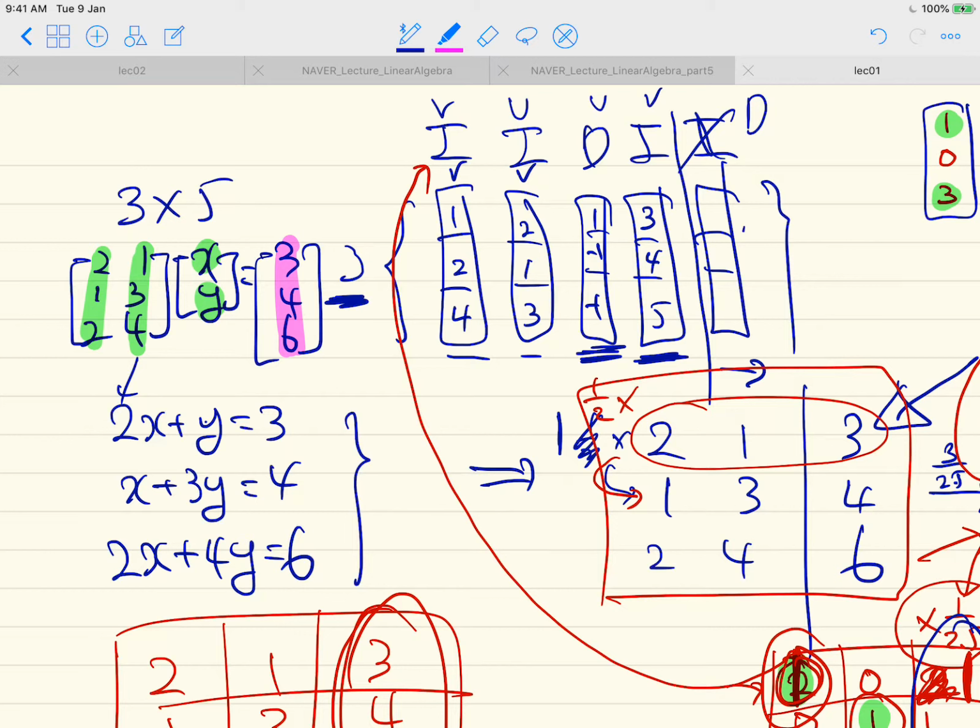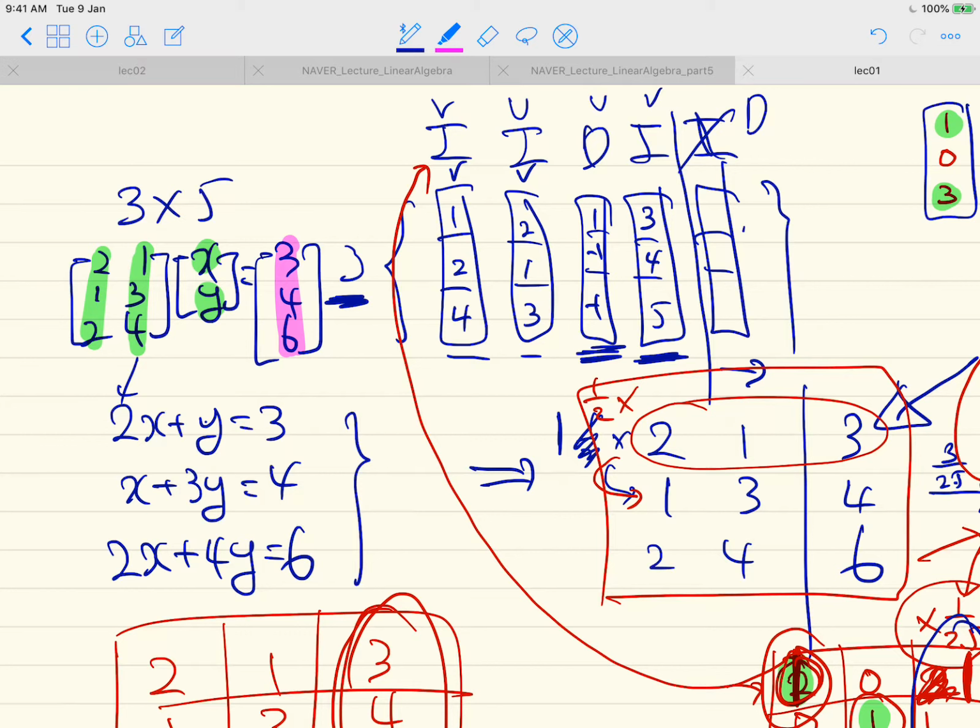Then it cannot be represented as a linear combination of the previous two, so we have no solution at all. But if it is inside this plane, that's when we have a solution, which means this vector can be represented as a linear combination of these two.